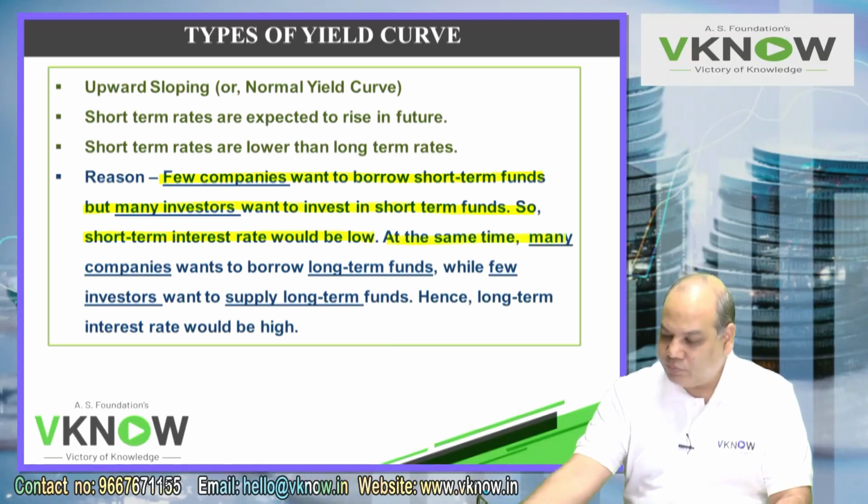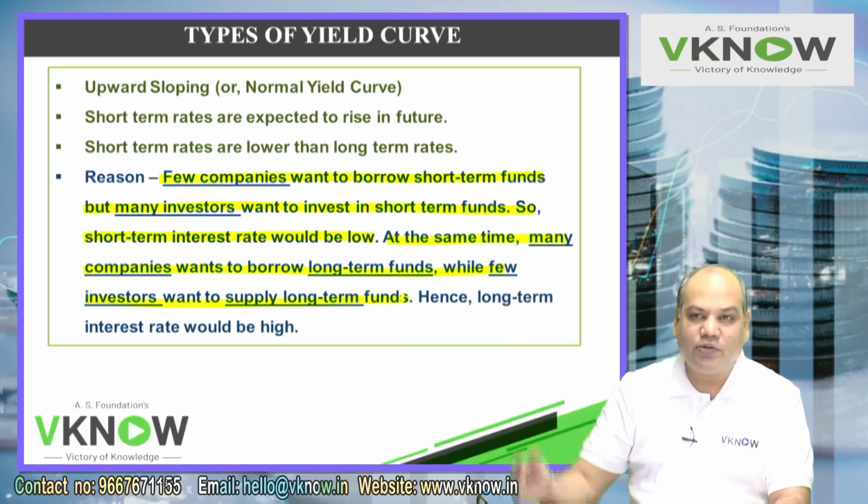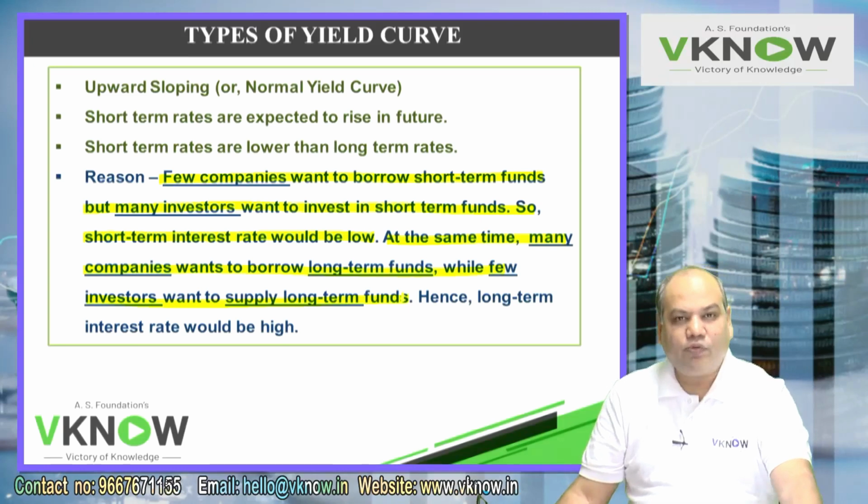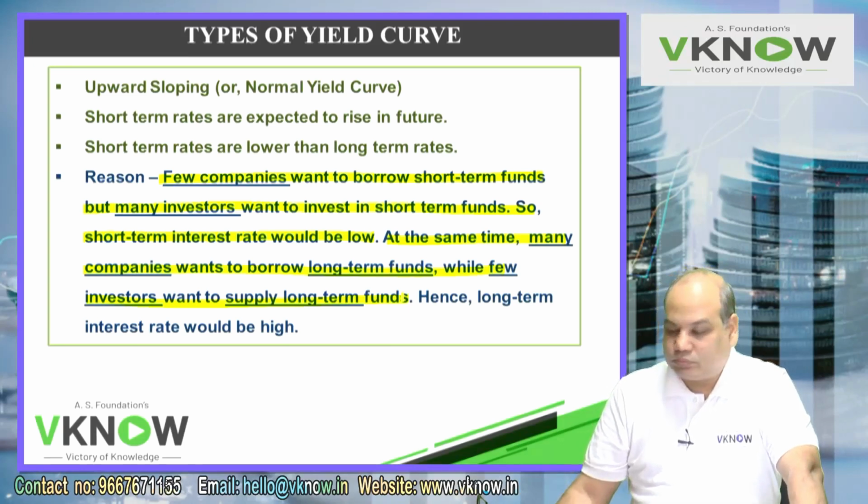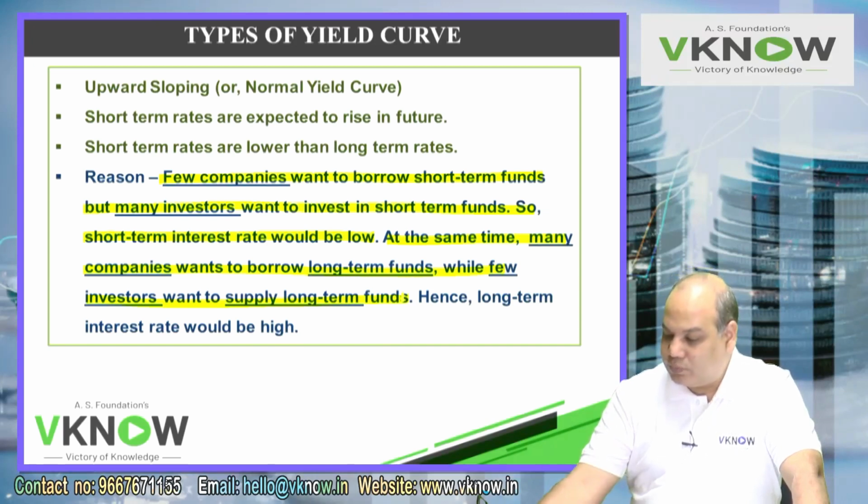Generally, people don't want to invest for a very long term because the risk and the uncertainty are high in case of long-term bonds. So the demand is more, the supply is less for long-term funds. What will happen to the interest rate? The interest rate will be high. Hence long-term interest rates would be high.